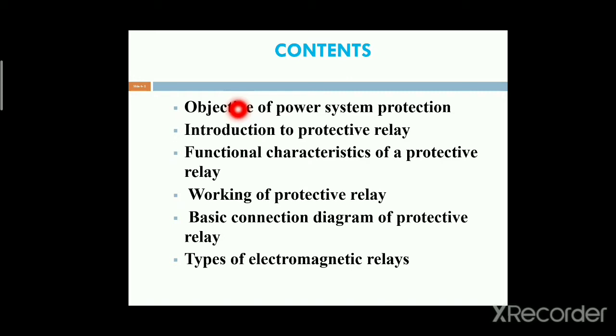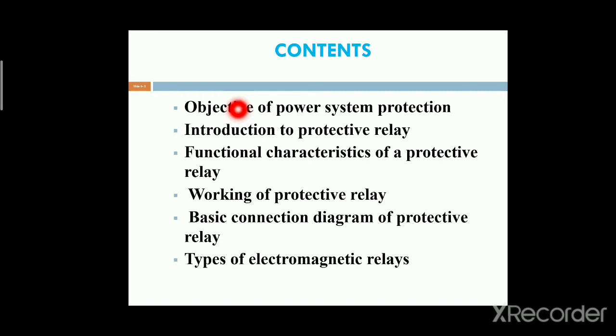That's why we give separate protection for each piece of equipment: the generator, transformer, bus bar, transmission and feeder lines.